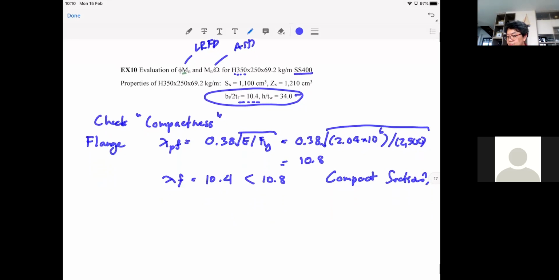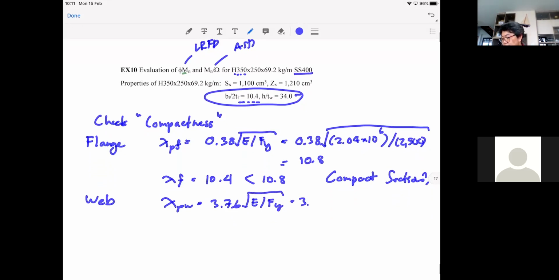Next is the web. For web, lambda p of the web, you see the number is pretty large, right? 3.76. It's almost like 10 times greater than that. You see that? Square root E over Fy.